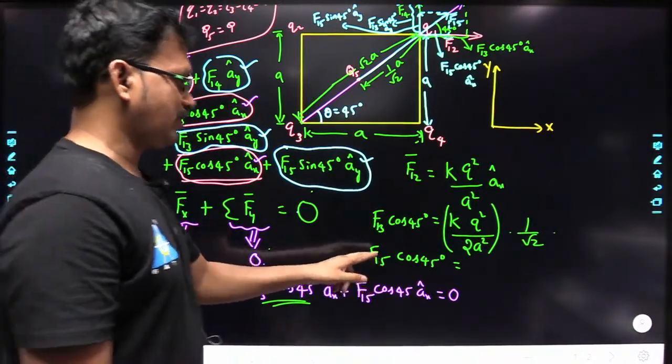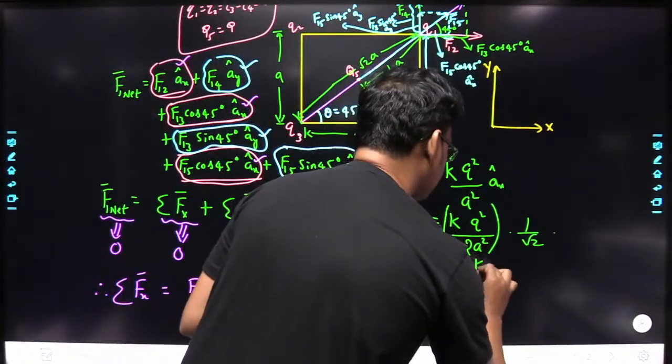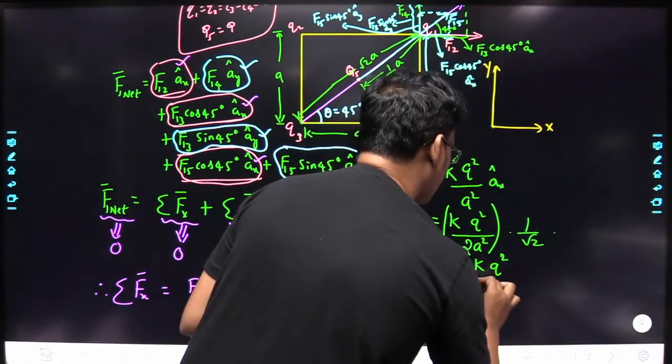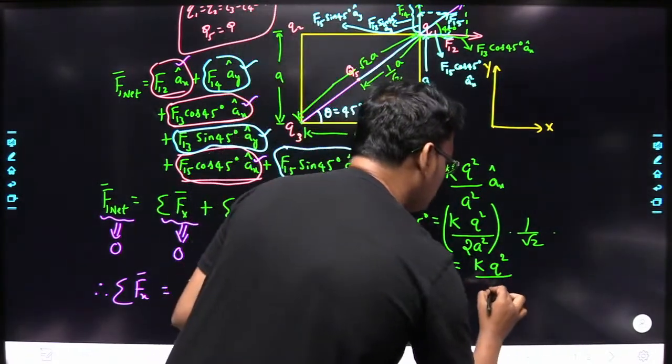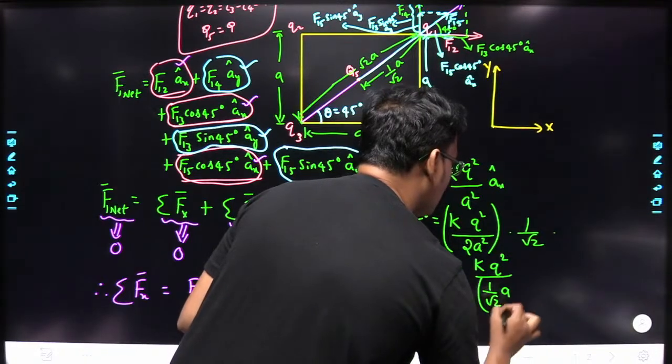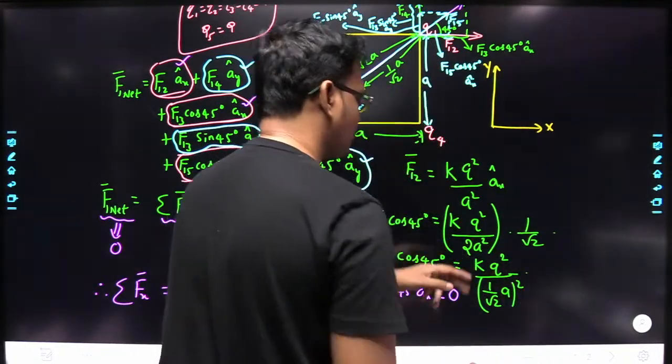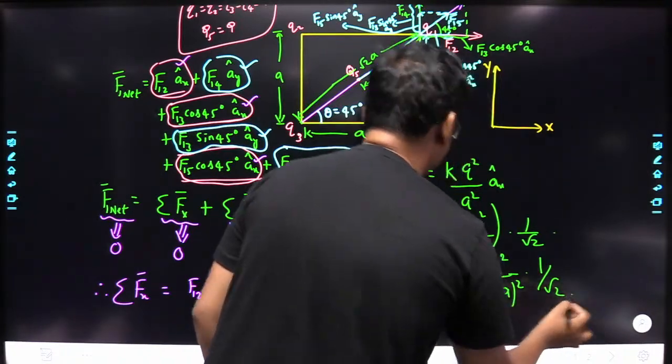So F15 magnitude is K into Q square by 1 by root 2A whole square, into cos 45, that is 1 by root 2.